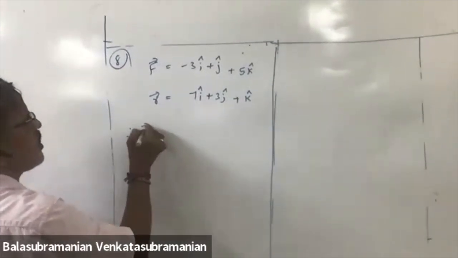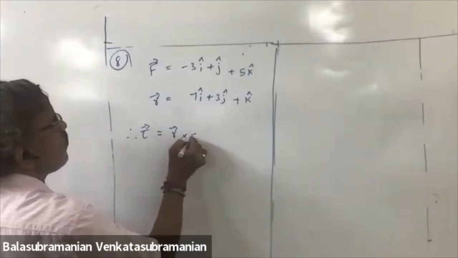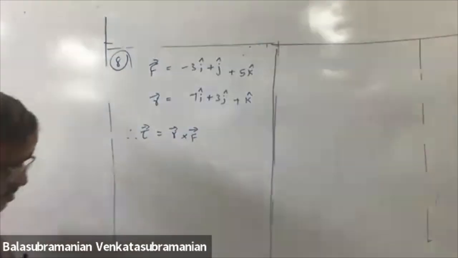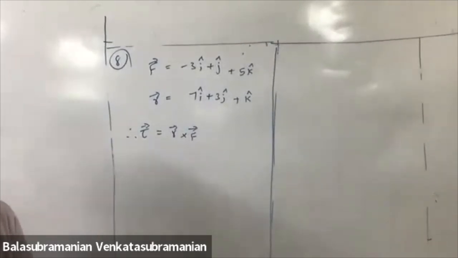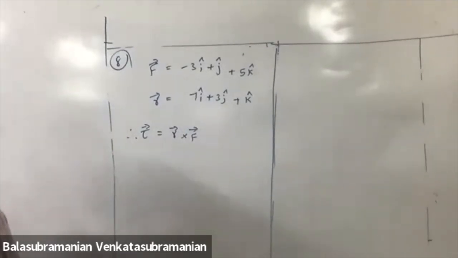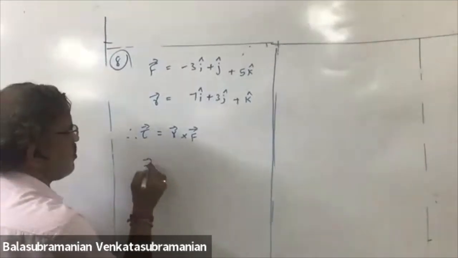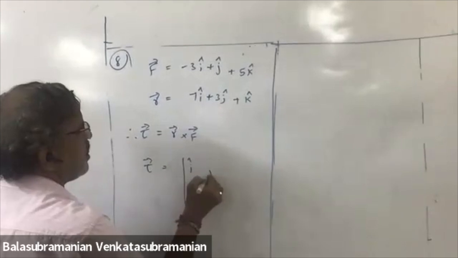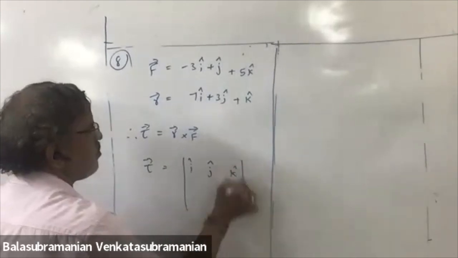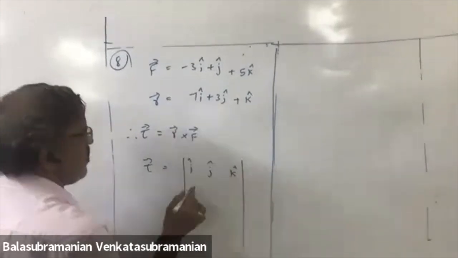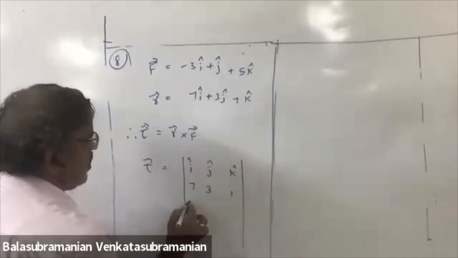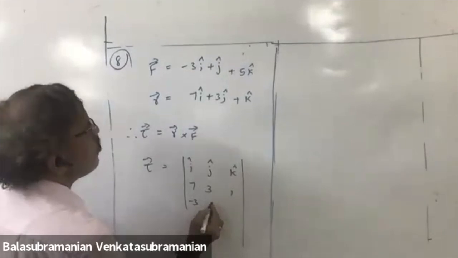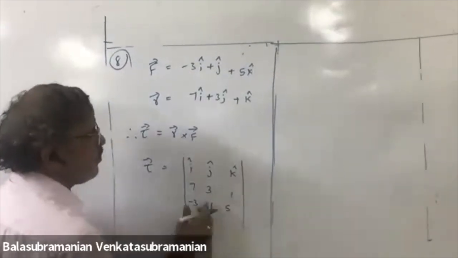Therefore, torque is r cross f. Basic formula r cross f. Already we have seen this r cross f by the determinant method. That is, torque is equal to the determinant with i, j, k; magnitude 7, 3, 1 for r; minus 3, 1, 5 for f.